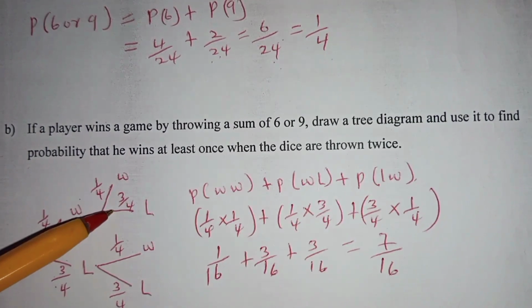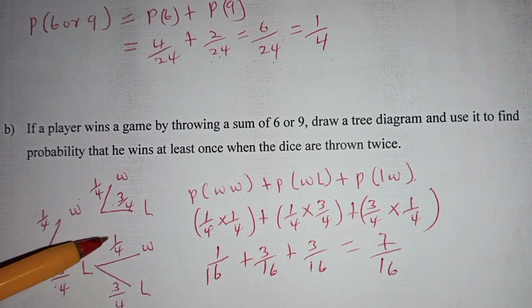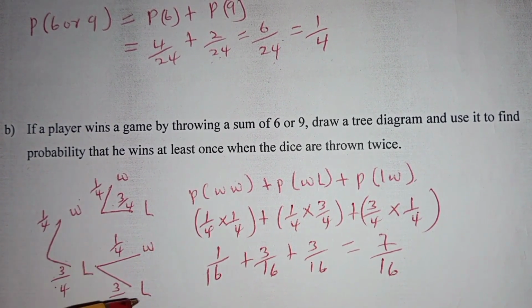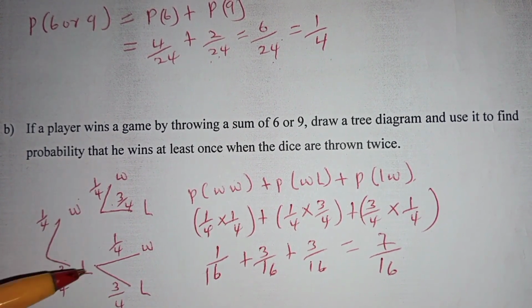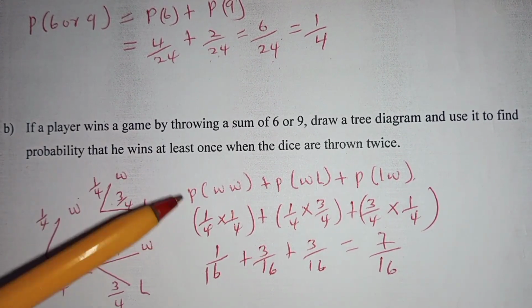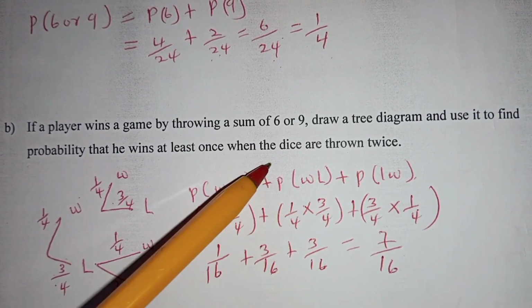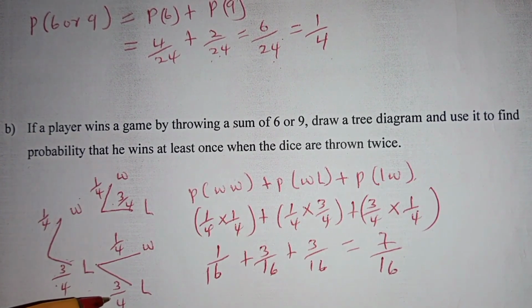The probability that he loses is 3/4. On this other part, it is 1/4 winning, losing is 3/4. This is now the tree diagram here. Because the dice are drawn twice, that is where you have drawn it up to this level.